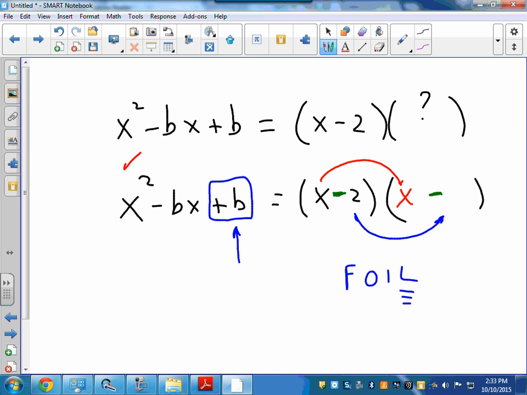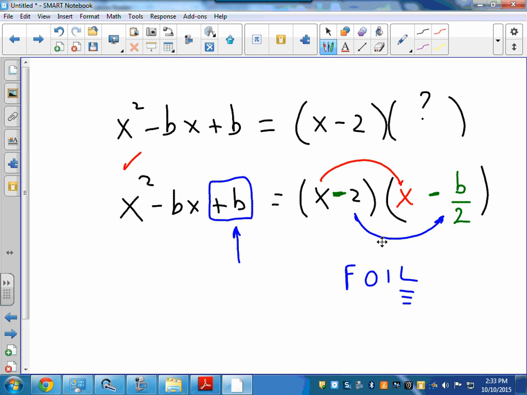And now I've got 2 times this unknown quantity has got to give me b. Well, this requires a little bit of thought and maybe just some trial and error, but hopefully you can see that in order to get b for your answer, this has got to be b divided by 2.